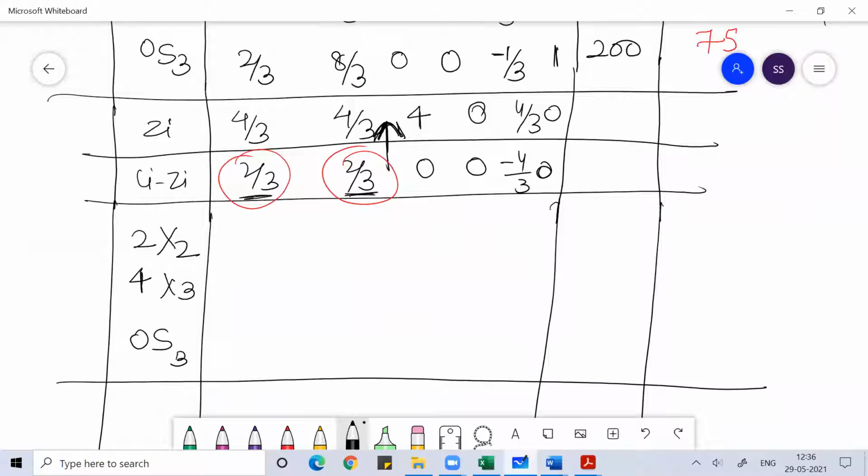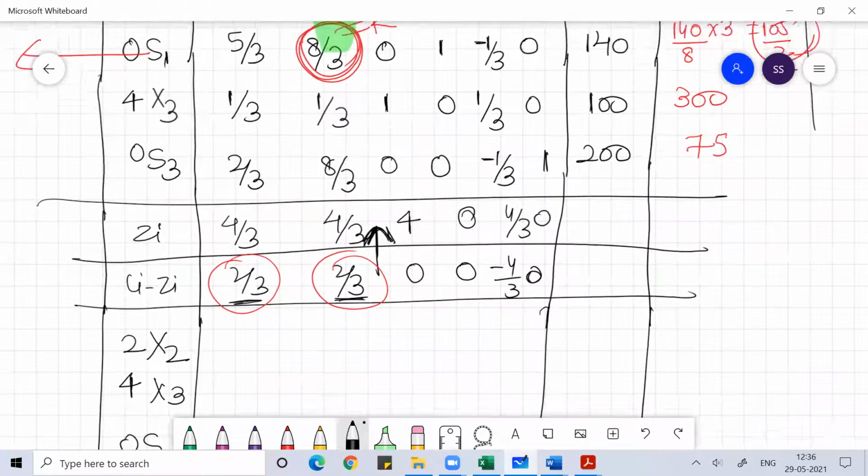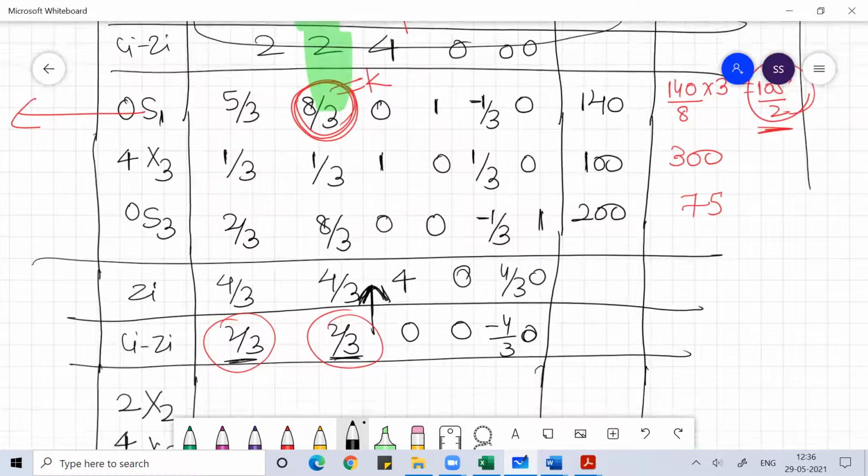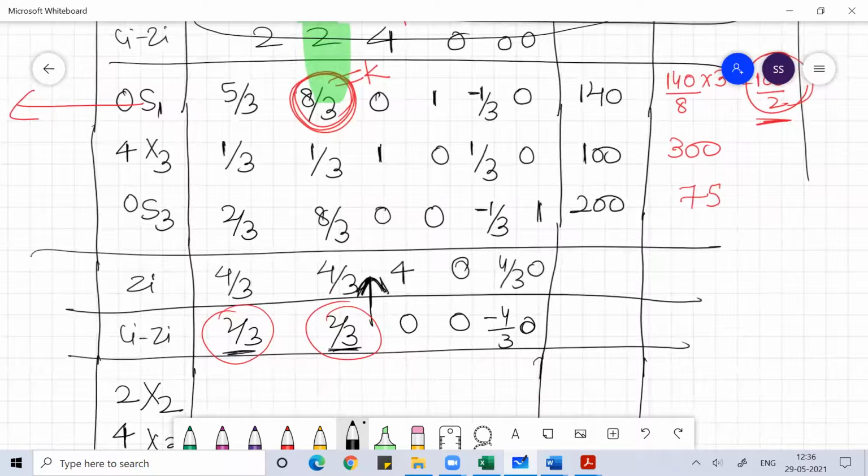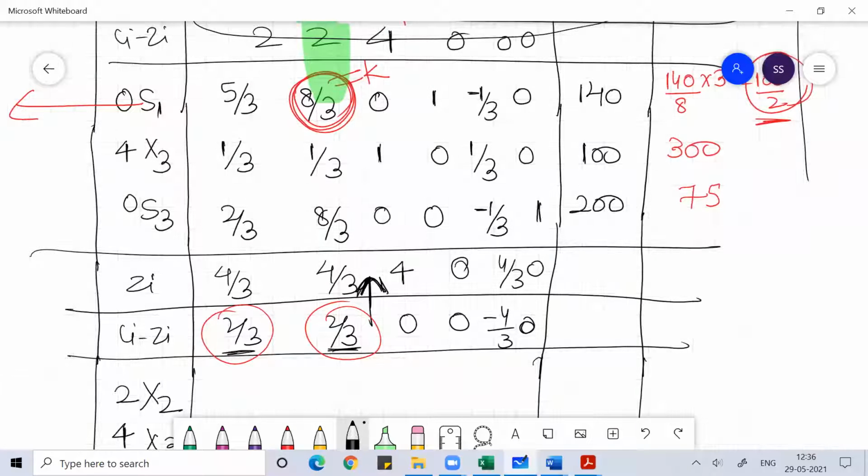And now which variable entered just now? x2. And what is the pivot element? 8 by 3. So divide everything by 8 by 3. 5 by 3 divided by 8 by 3, so you will get 5 by 8. Then this is 1, then this is 0. Then 1 divided by 8 by 3 means 3 by 8. That minus 1 by 3 divided by 8 by 3 would be minus 1 by 8.